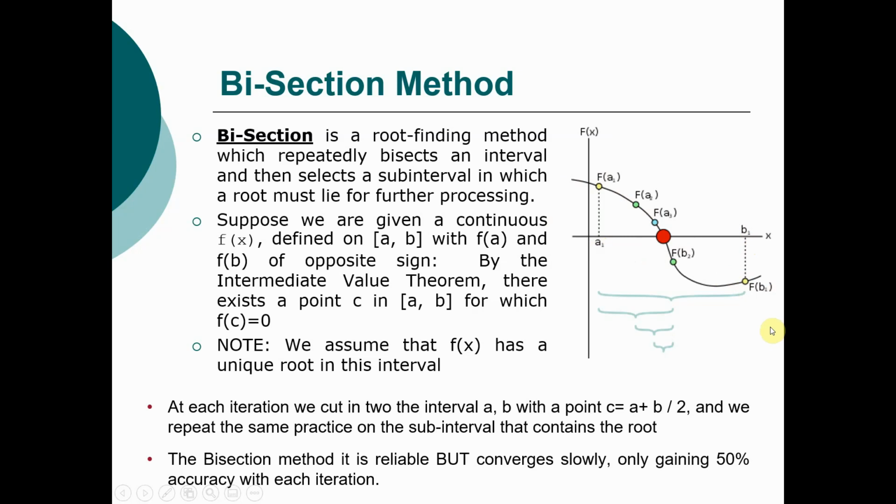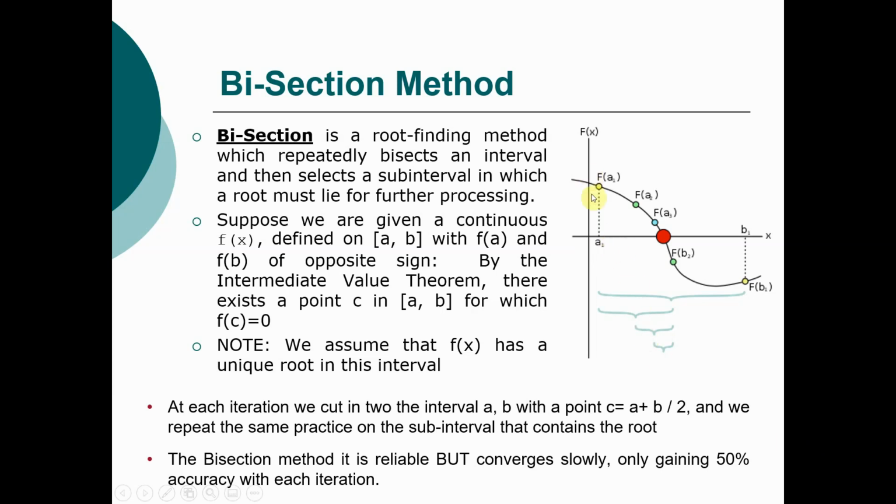So what we do is try to make this interval as small as we want, based on the threshold that we want to have for our error, so how close we want to find the root of the function.